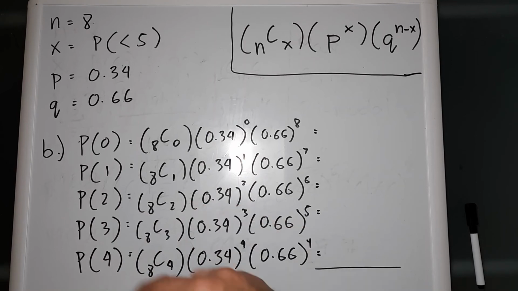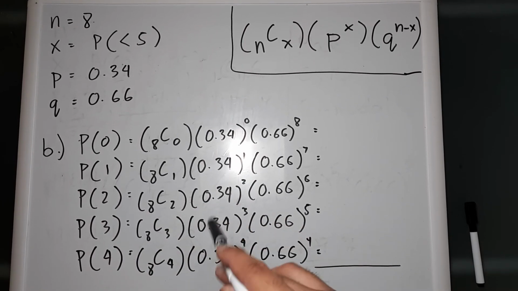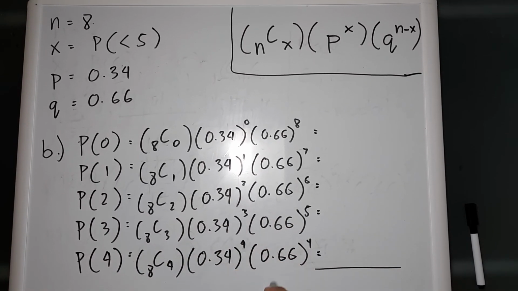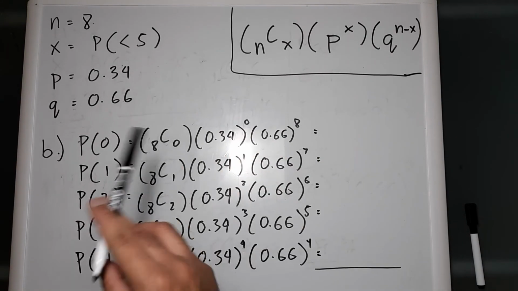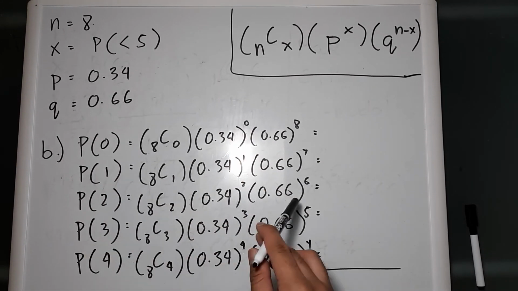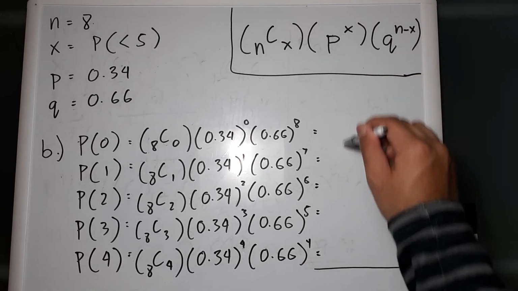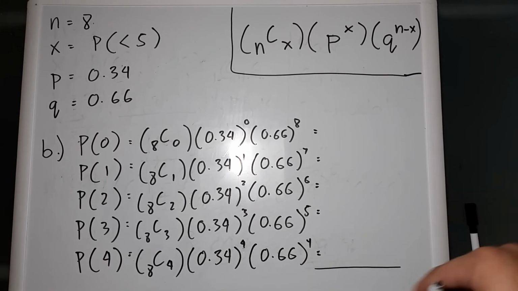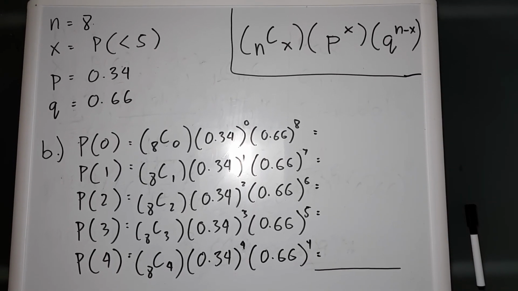I wrote everything here beforehand to save us time. So what we're going to do is solve for each probability, and then find the sum of all the probabilities, and that will be our answer.